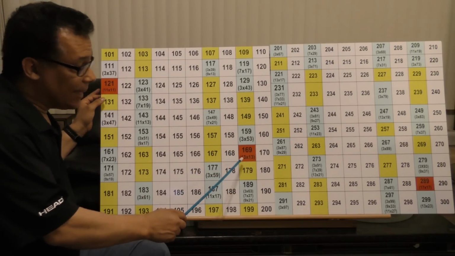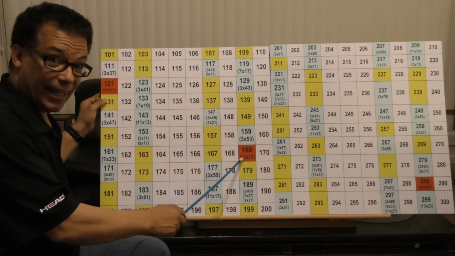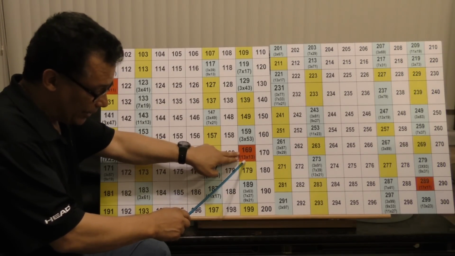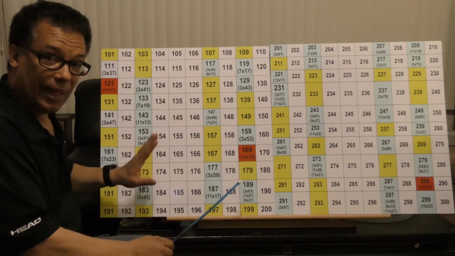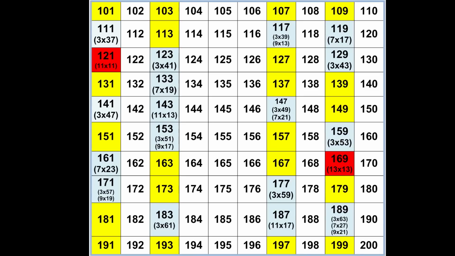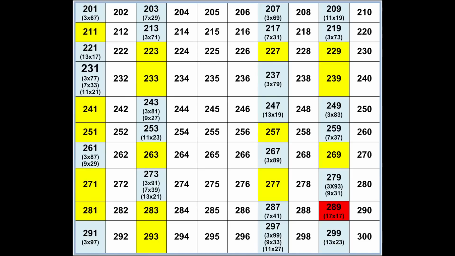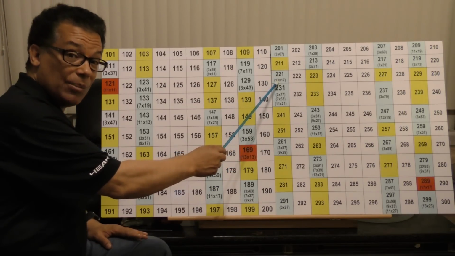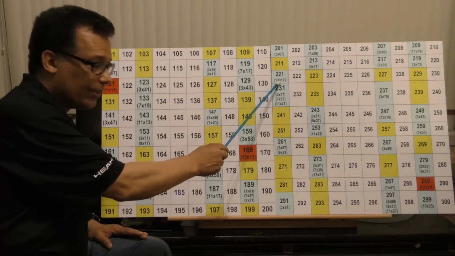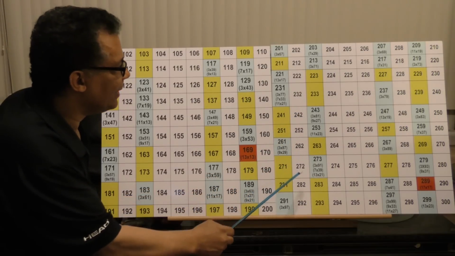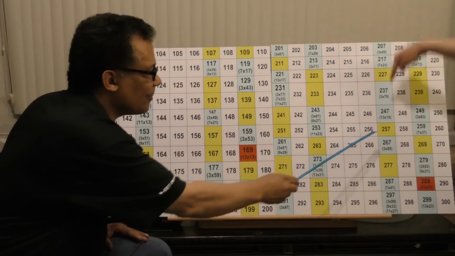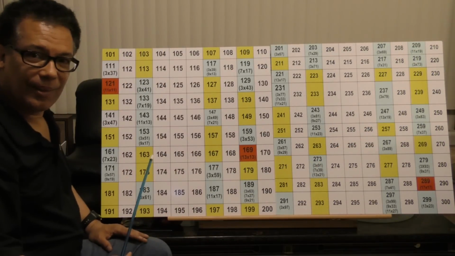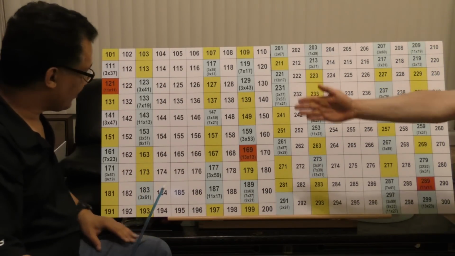We have 13 times 13 producing 169, which is in the red box, is a perfect square, and it's a non-prime number within one of the cynosure continuation columns. 13 times 17 brings us here. Notice it's in a blue box. That is a non-prime number. 13 times 19 brings us right here. Thank goodness for that helping hand.